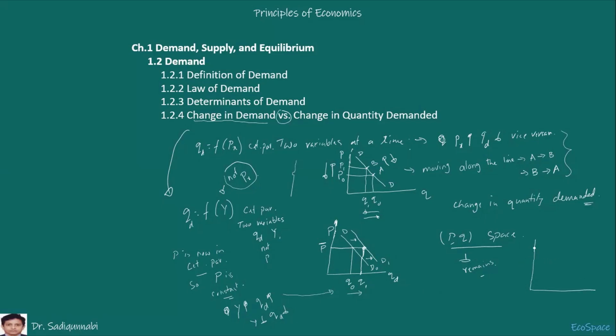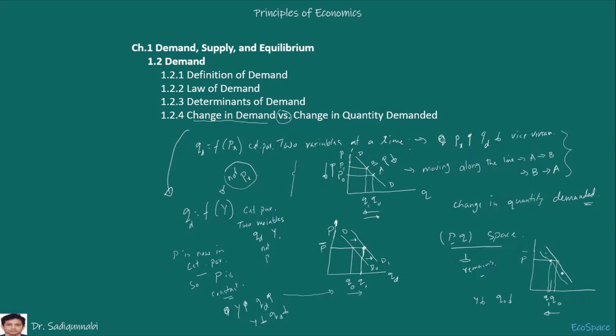Because P is constant and when Y decreases, Q0 has to decrease. Suppose this is our new Q1. So we get a point here, and the demand curve shifts backward.